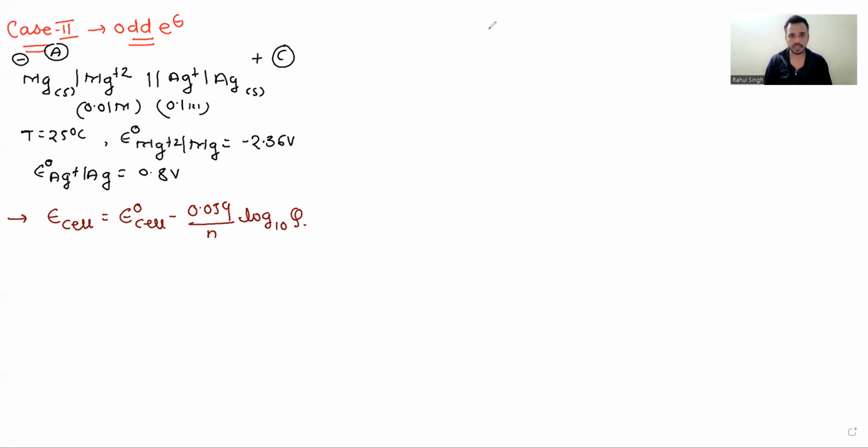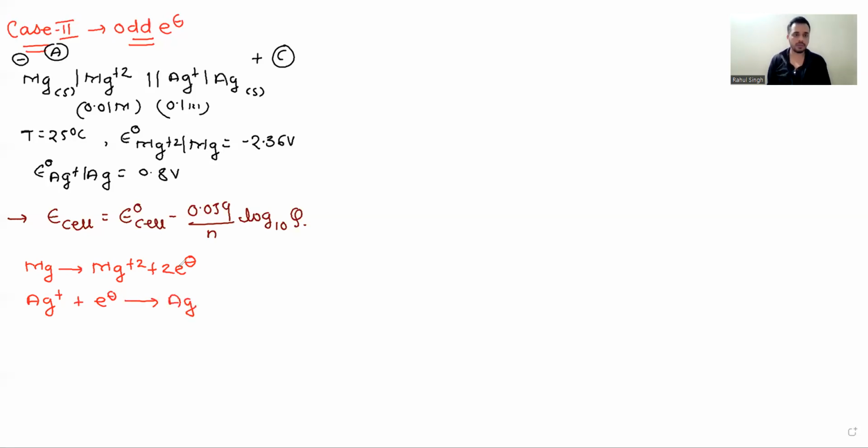First we will see which kind of reaction is taking place. Basically Mg is losing 2 electrons, Mg plus 2 is converted to this. And Ag plus is accepting 1 electron and is converted to Ag.